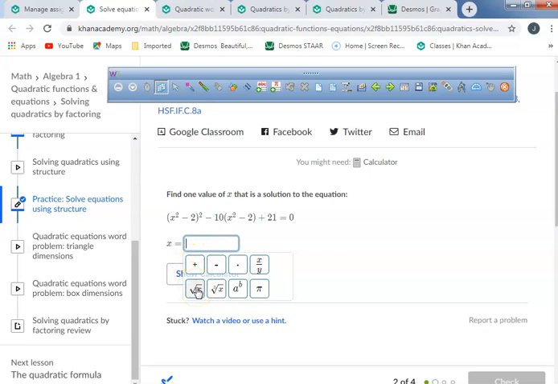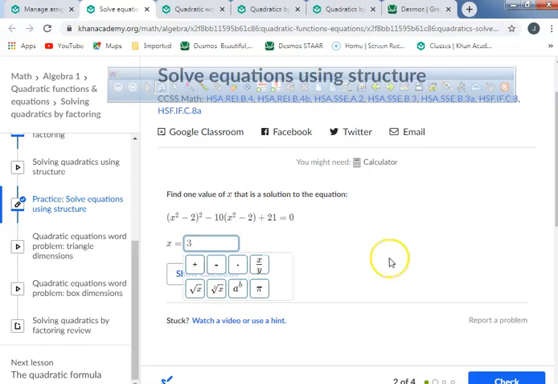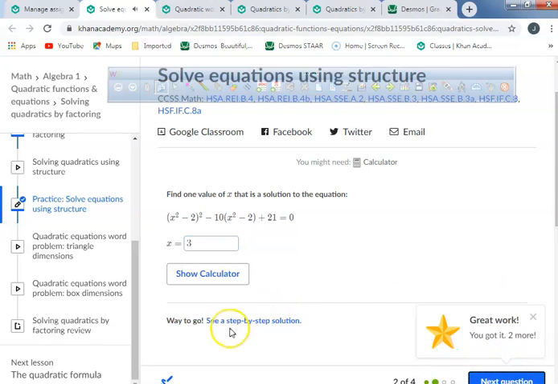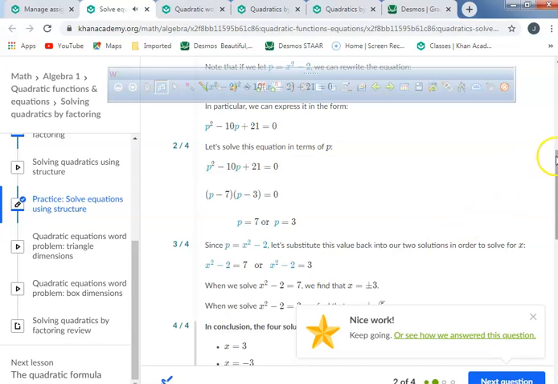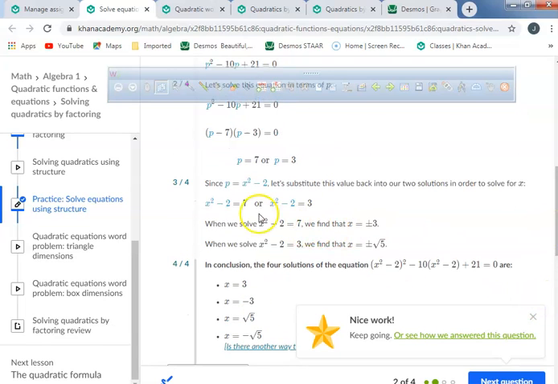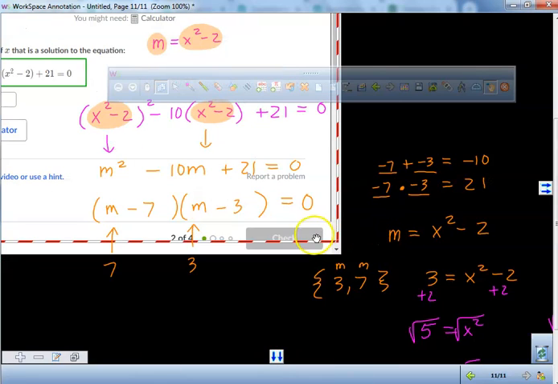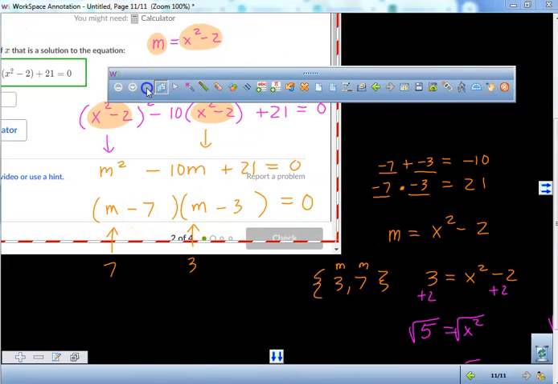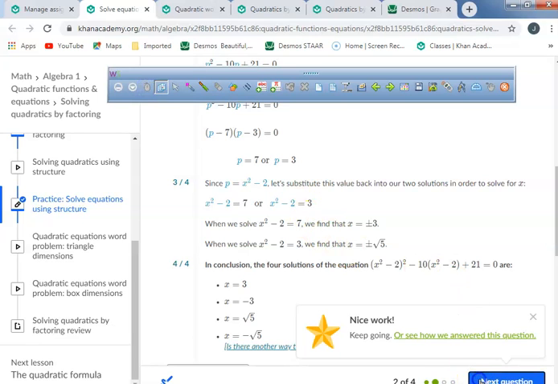A radical. But what number would you guys probably choose? Just a 3. Now, over here, do you remember when I said we could have multiple answer choices? Khan Academy would accept all of the answer choices. Now, hey guys, they used the letter P. What letter did we use instead of P? We used M. It really doesn't matter which letter you use.